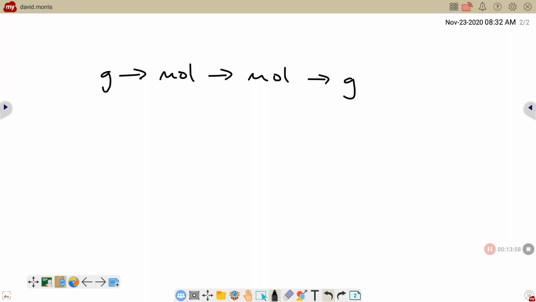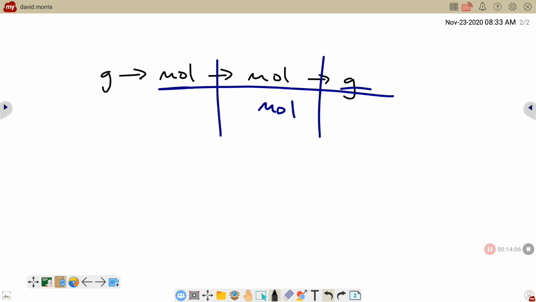So I just wouldn't need the first step, right? If you were given moles and you wanted grams, I would need to get all the way from here to there, but I would just be doing a mole ratio and then multiplying by a molar mass, because that's all I have to do, right? The first step is no longer necessary. You have to be given something on the left, because it's got to be something A being converted into something B at some point, or else it's not a stoichiometry problem.